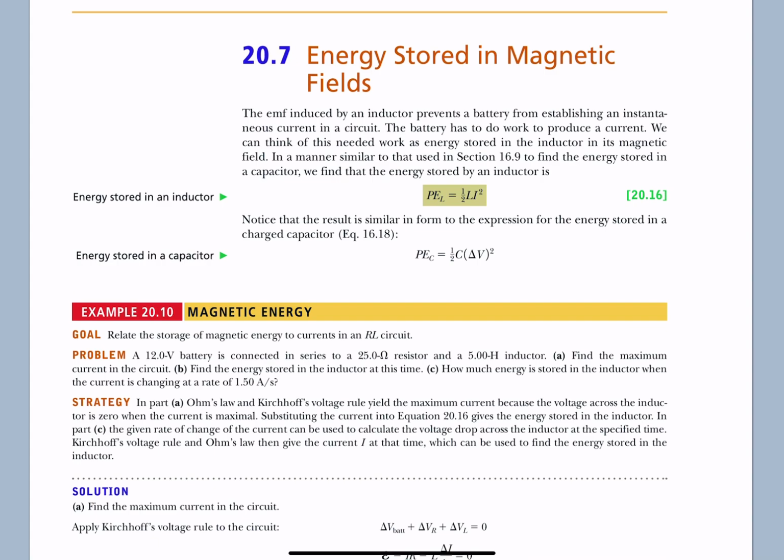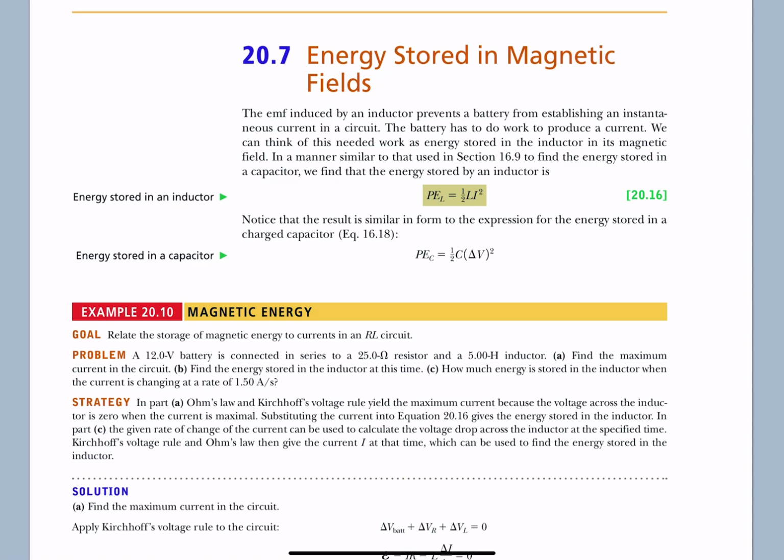It can do work for us. In an inductor, we are storing energy in the magnetic field of the electromagnet that is in the circuit. That's the inductor that's in the circuit. When those magnetic flux lines are created, they can do work when they collapse back to zero.